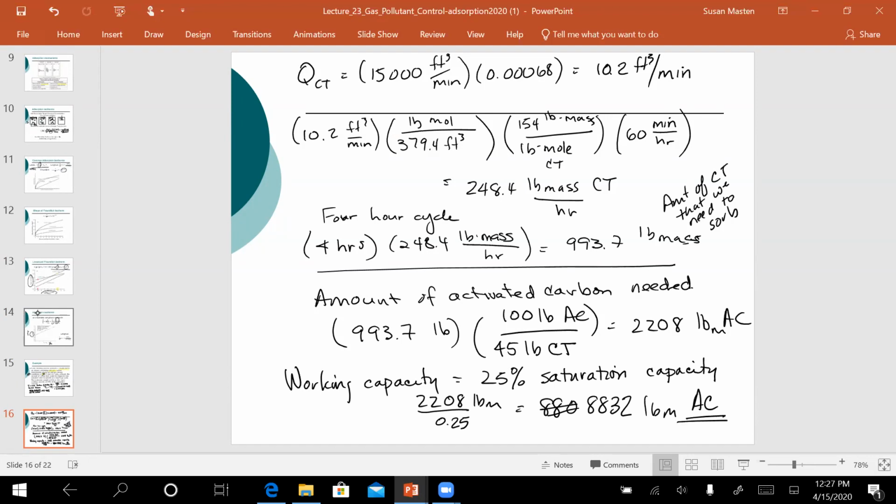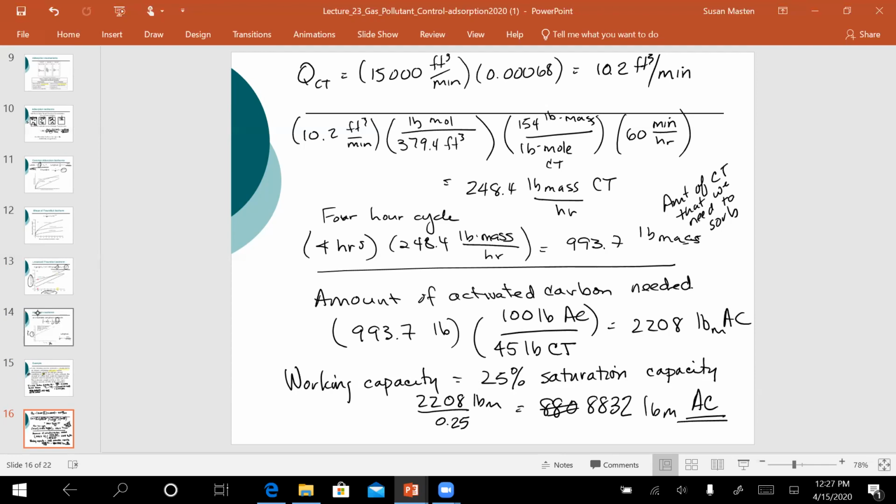And then what we would do is regenerate that every 4 hours. If we need to operate this continuously, we would have a second reactor, and that airstream would go to that second reactor while we're regenerating the first one, and we would just continuously switch back and forth.